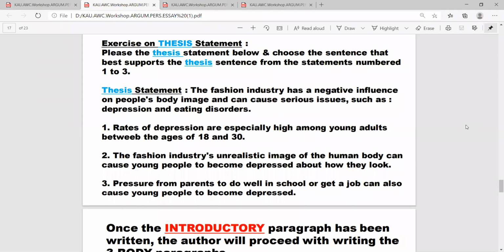Exercise on thesis statement. Okay, ladies and gentlemen, I'm going to be very generous, as I am with my online classes. I think this can be done in a minute, or perhaps some people very quickly can do this in half a minute, 30 seconds.